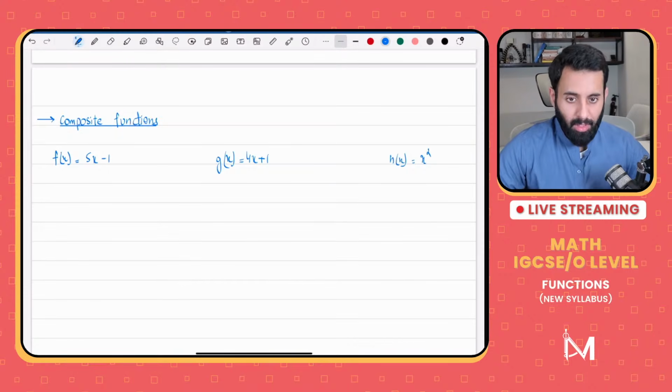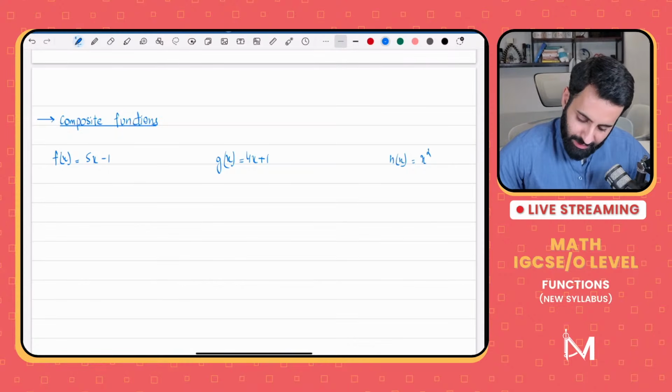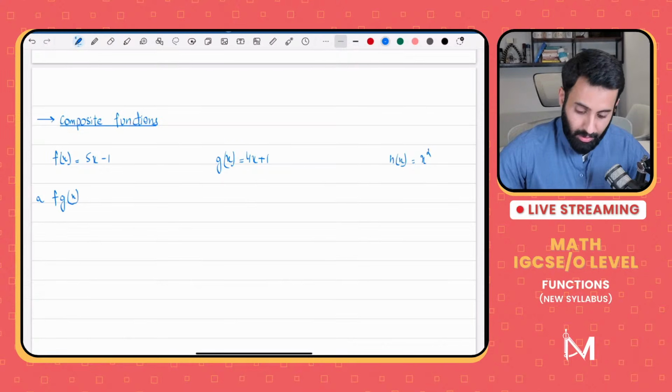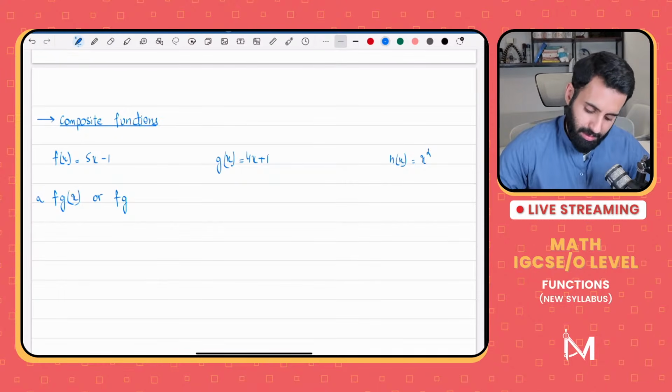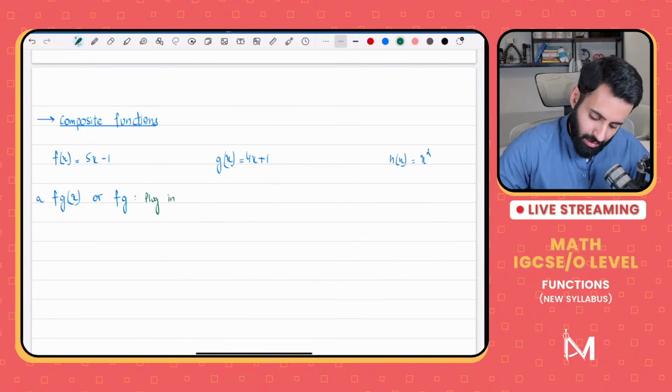Now the first part of the question is f g of x. This is how you will find it. In some cases, although I haven't seen this in IGCSE, they might just say fg. What does this mean? This means that we are going to plug in g of x in f of x.